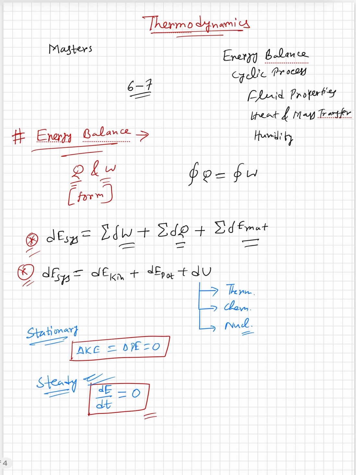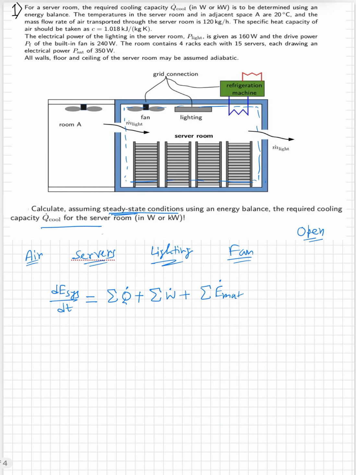Because I wrote the equation in the form of energy, and when I take the time differentiation, energy with time differentiation gives us the power. Heat energy with time differentiation gives heat flow rate, and work differentiation with time gives the power. So I am writing this as the power balance equation or the energy balance equation in the steady state form.